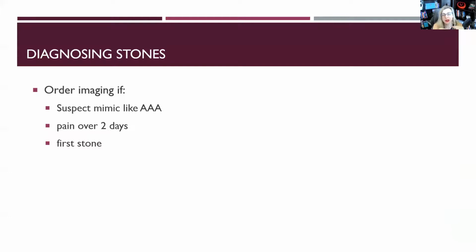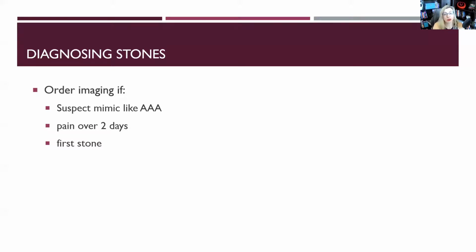And it has to pass a certain threshold for you and your experience and your comfort level to be able to say, I'm pretty comfortable saying this person probably doesn't have a AAA or a dissection or another kind of infection. A lot of times we'll also say, if this is the first stone they've ever had, typically we recommend a one-time imaging study because we're not entirely sure, and they aren't entirely sure what a kidney stone feels like.